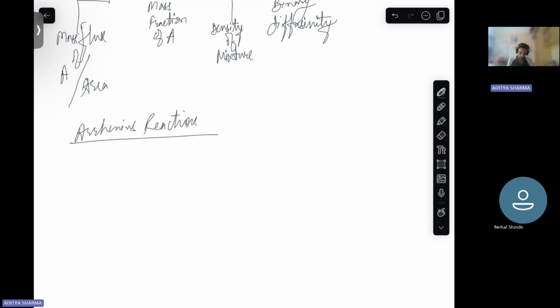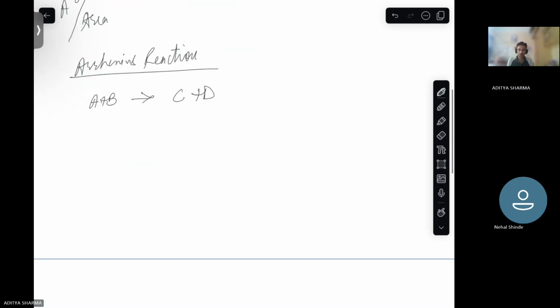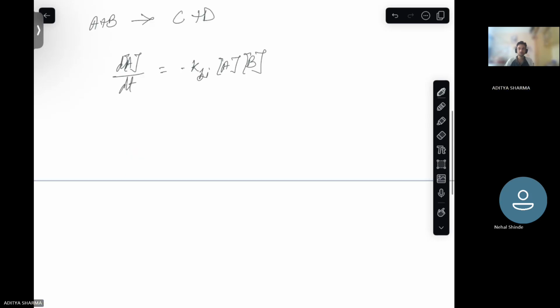So if I take one bimolecular reaction, in that case the consumption of this reactant A with respect to time can be given this way, where k is your rate coefficient.